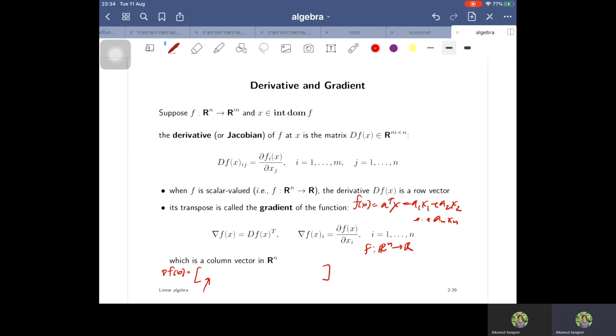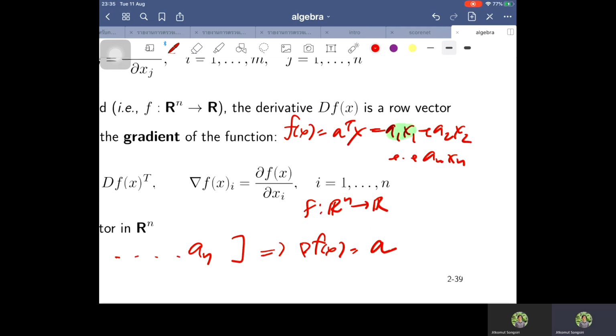The first entry is the derivative of f with respect to x1, which is a1. The second is the derivative with respect to x2, so it's a2, and so on. So the Jacobian matrix is the row vector A transpose, and then the gradient of f is simply A.